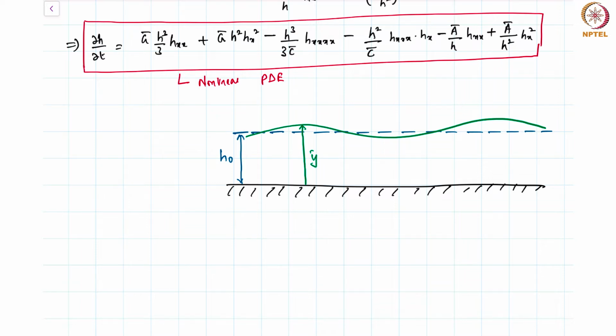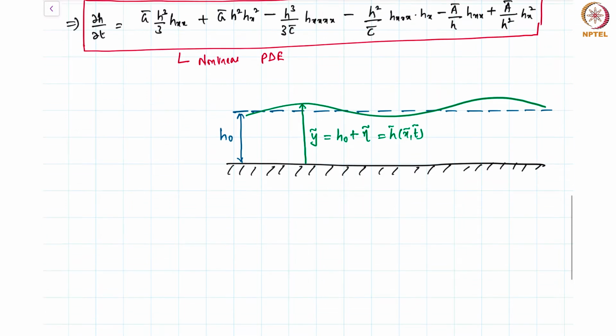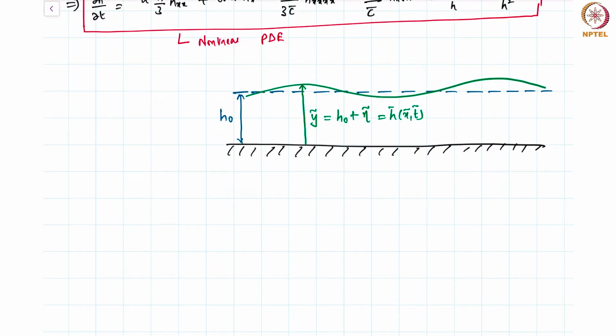Now the arbitrary perturbation can be defined as follows. We can say the dimensional height y will be the dimensional h naught plus eta tilde, and this is nothing but h of x comma t, all in dimensional form, right? So in other words, we are saying that h tilde dimensional is equal to h naught plus eta tilde.